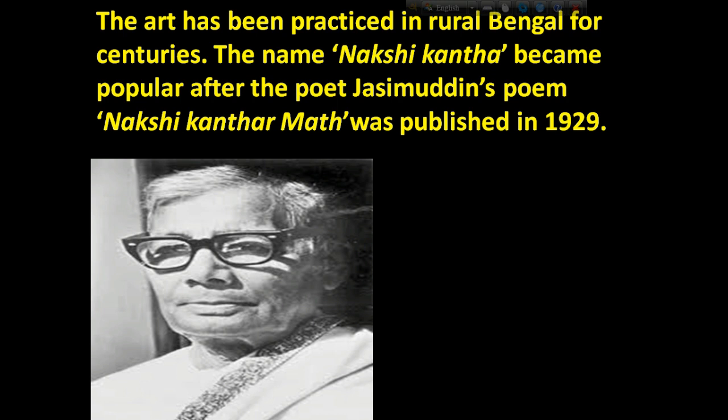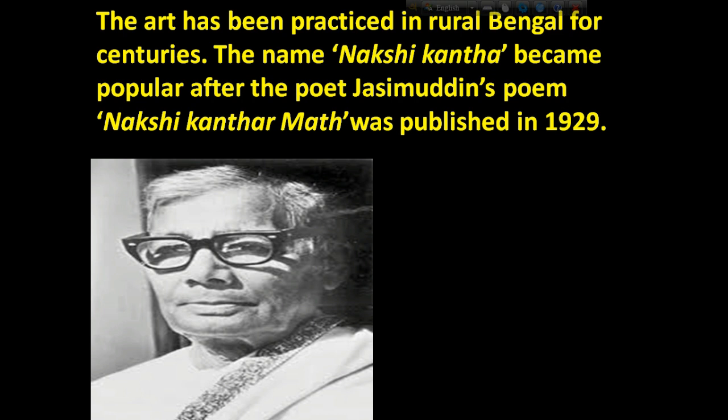When Jasimuddin was a young boy, he went to a village. He loved the village very much from his childhood. At that time he first noticed nokshikatha, and he was very much attracted by it. So he started to compose some poems about nokshikatha, and the name of the book was Nakshi Kanthar Math.